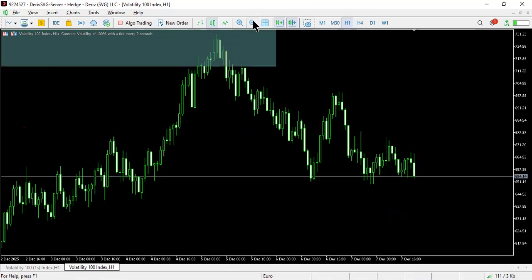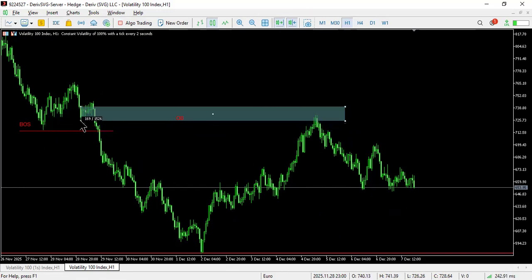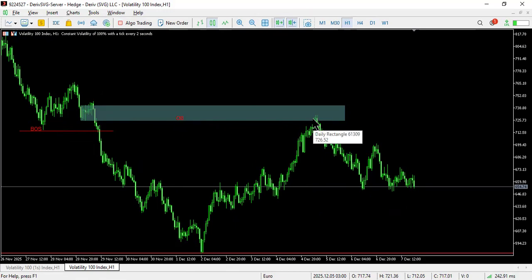If we go to the 1 hour, which is our entry time frame, you can see we had a break of structure, and then price went to go and mitigate the order block. As you can see, this move took about 3 days for price to go and step in.